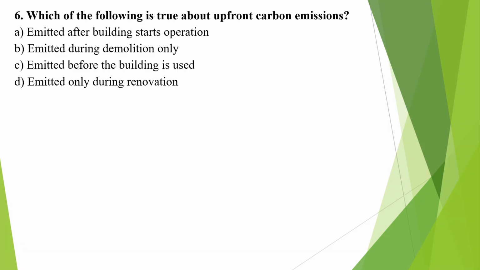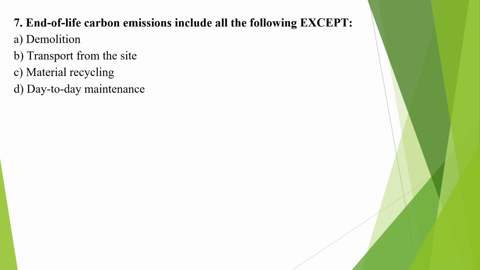So option C is the correct answer for question number 6. All of you are correct. So let's move to the next question then. Seventh question. End of life carbon emissions include all the following except.